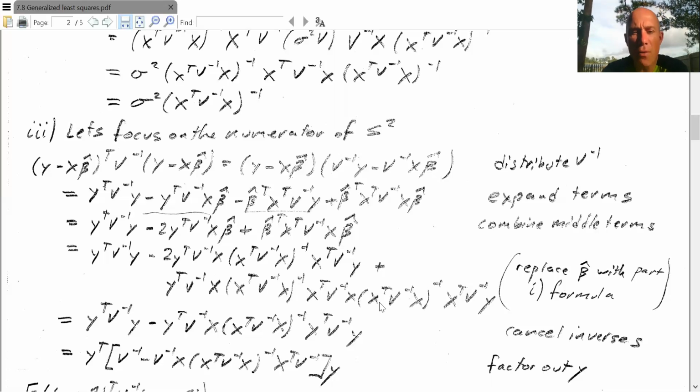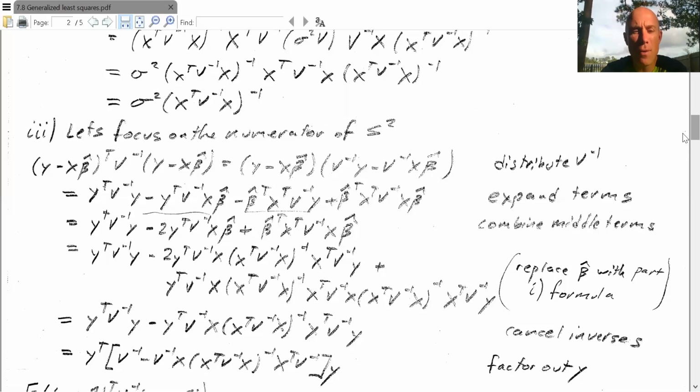After these two cancel out, you'll notice that this is the same as the reduced version of this, except it's got a -2. If it's the same thing but with a -2, put them together, you get -1, right? Boom, we've got that. Now I notice I've got Y transpose on the left, Y on the right, Y transpose on the left, Y on the right. I can factor out the Y's. Okay, boom, I've got this.